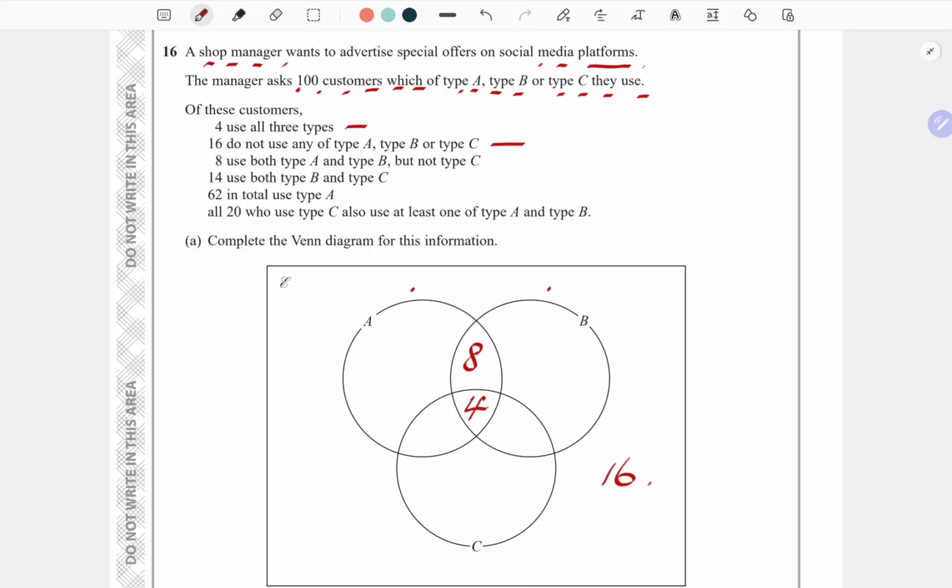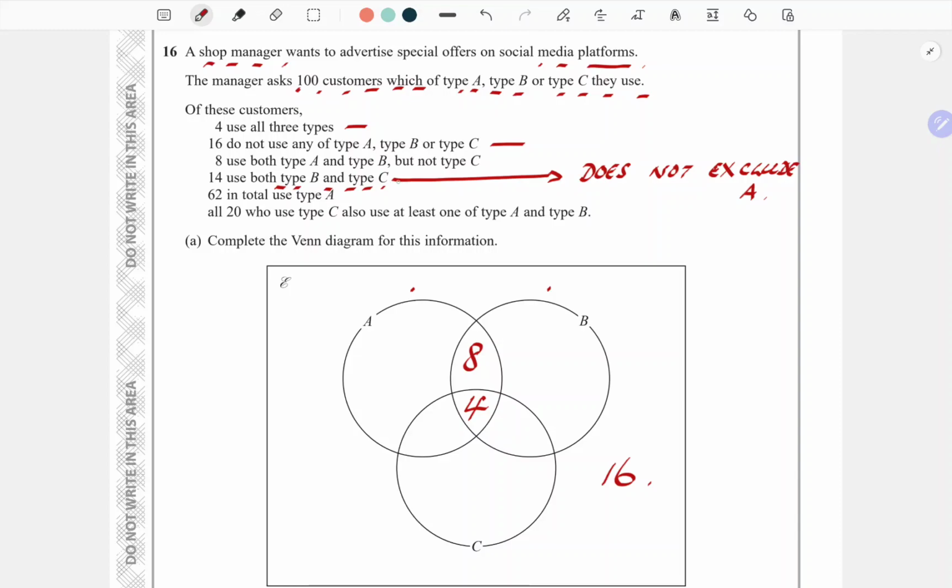Then we have 14, use type B and type C. Now, this is the reason I wanted to do this question separately. All right, that does not exclude the A, all right? So does not exclude A. In other words, we know that there are 14 that use type B and C, right?